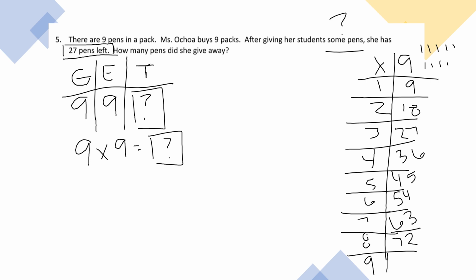And 9 times 9 is 81. All right, so that means that she started out with 81 pens.